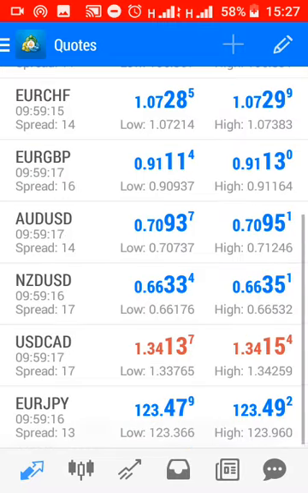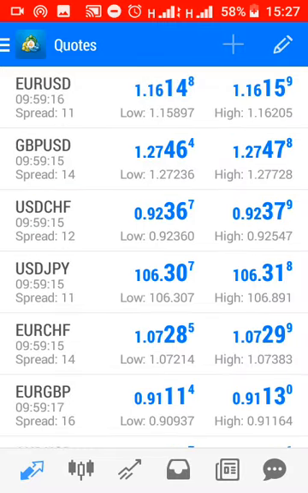The first one is called the quotes menu, or the pairs menu. When you are seeing currencies, EUR/USD, GBP/USD: EUR is the Euro, and USD is the United States dollar. GBP is the Great British Pound, and USD is the US dollar.